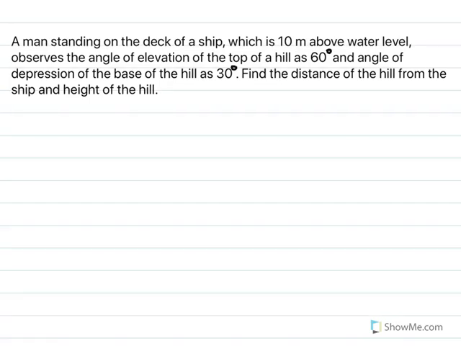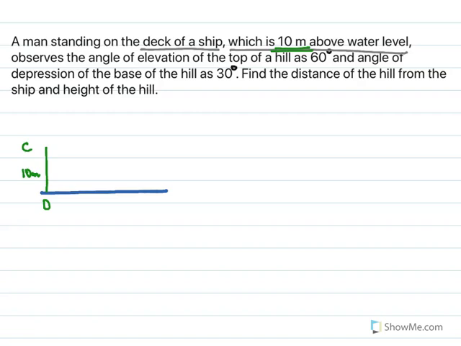A man standing on the deck of a ship which is 10 meters above the water level. So let me draw that. Here is my water level, and the man is standing 10 meters above. We'll call this CD, 10 meters above the water level.